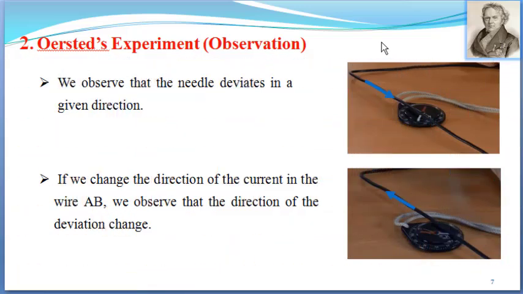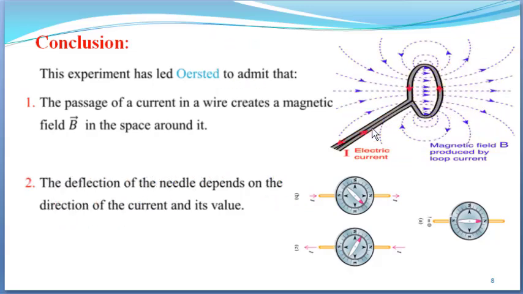Ørsted experiment observation. We observe that the needle deviates in a given direction, as you see in the first picture. When we change the direction of the current in the wire AB, we observe that the direction of deviation of the needle changed. Conclusion: this experiment has led Ørsted to admit that 1.